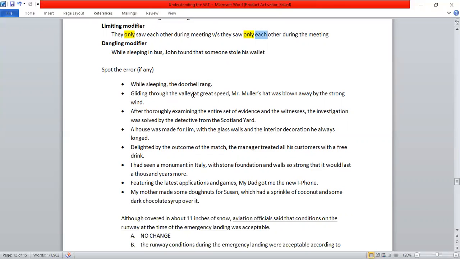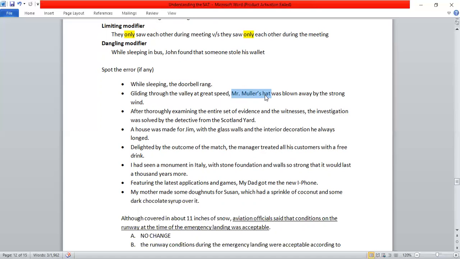Next one, gliding through the valley at great speed. So somebody is gliding through the valley. Let's see who's gliding. Next part says, Mr. Mueller's hat. Is the hat gliding through the valley? No. How will the hat glide through the valley? Mr. Mueller is supposed to glide, right? But the apostrophe s, as I explained in the previous punctuation video, means I'm not really talking about the subject, Mr. Mueller.